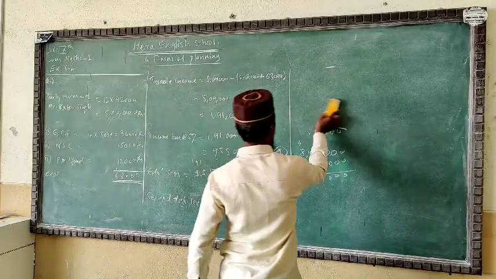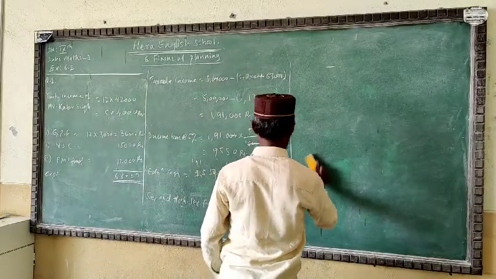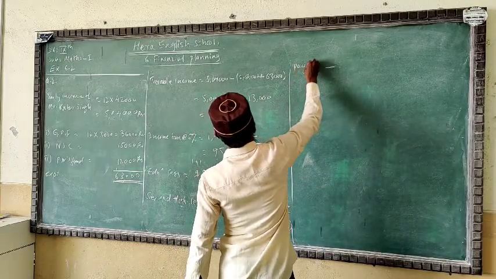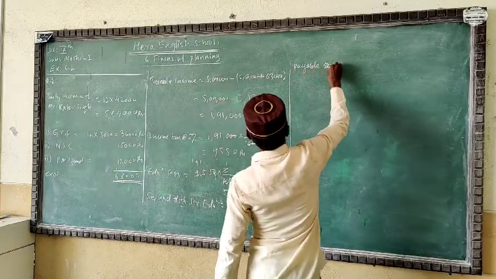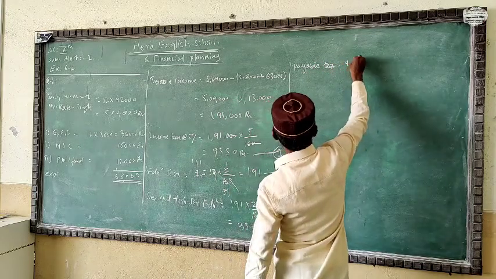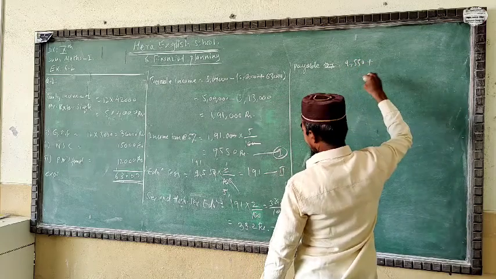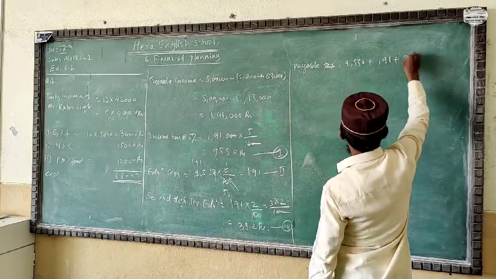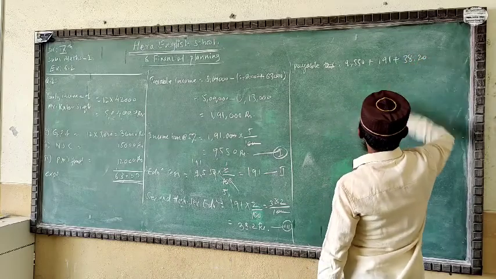So we'll write here payable tax is equal to, first we have here 9,550 plus 191 plus higher secondary education cess 38.2, meaning 20 paisa.